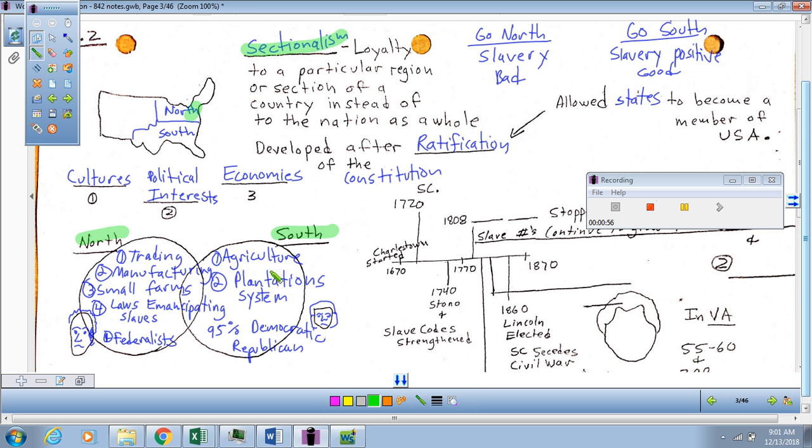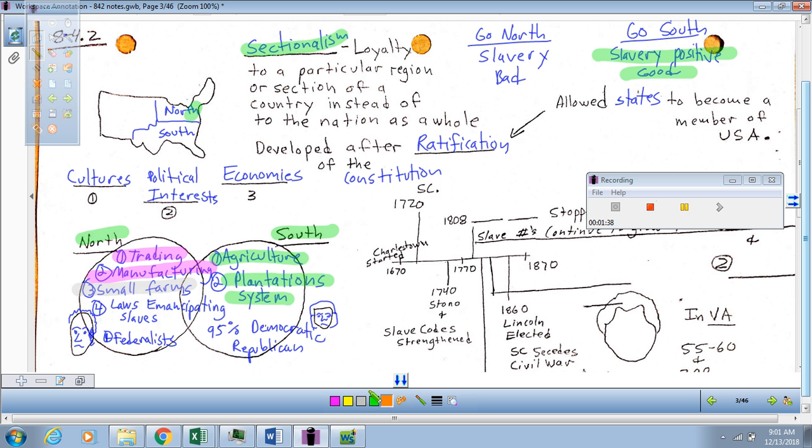The South, being based primarily on agriculture with the plantation system, relied highly upon slaves, while the North, because of the geography and natural resources, became a region of trading and manufacturing. And if there were agricultural things going on in the North, like in the breadbasket, they were grown on small farms where the farmers more or less pooled their goods and they were sold by a third party.